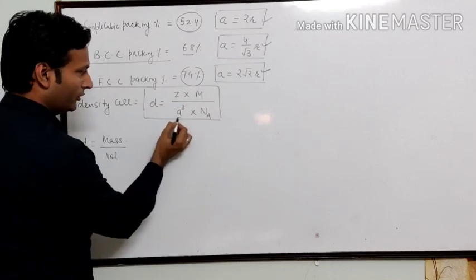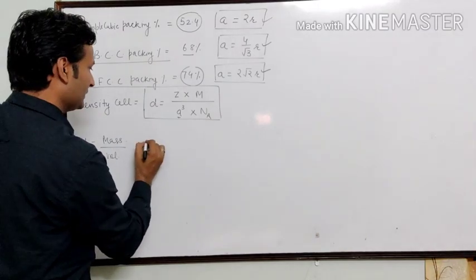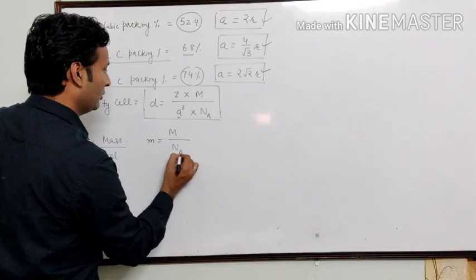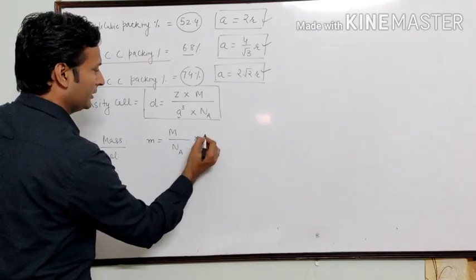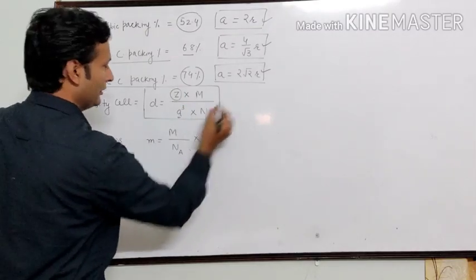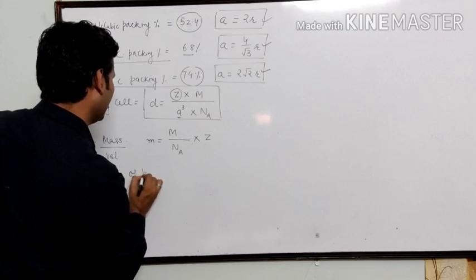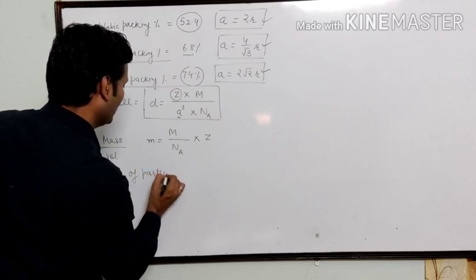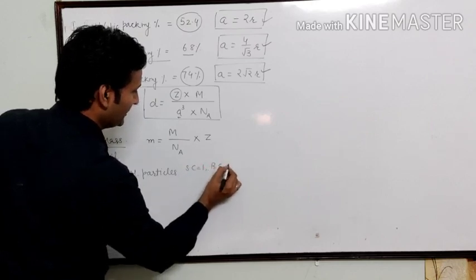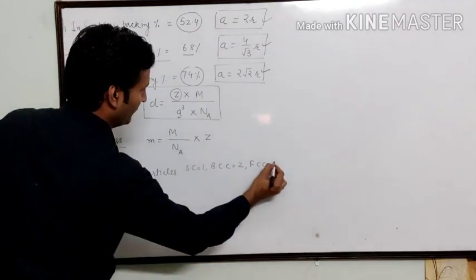The volume of cube is a cube, so it is written here, and the mass of a particular unit cell is molar mass upon Avogadro number multiplied by the total number of particles. So here Z is equal to number of particles or atoms present in a unit cell. As you know, in simple cubic it is equal to 1, in BCC it is equal to 2, and in FCC it is equal to 4.